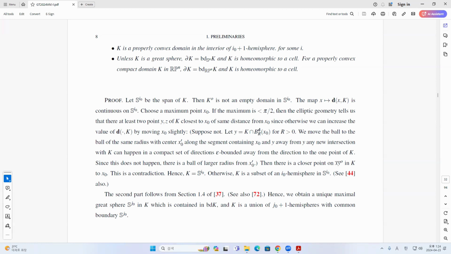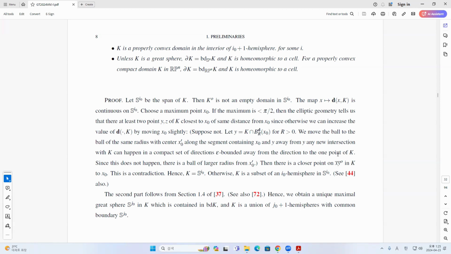Take some ball of radius r around X0, and K will only intersect at one point, because if there are no other points, then we can move the center along the segment containing X0 and Y, and then you can move it away, and then the new intersection can happen only in some set of directions away from the direction of that point Y of K from X0. So then this cannot happen.